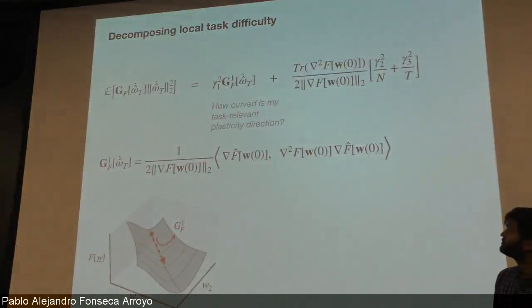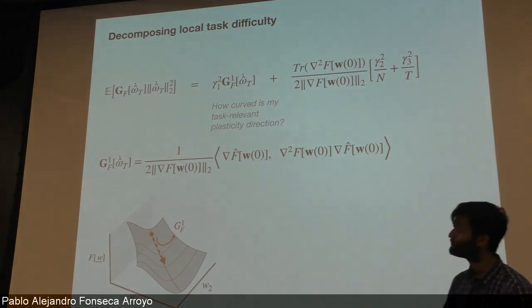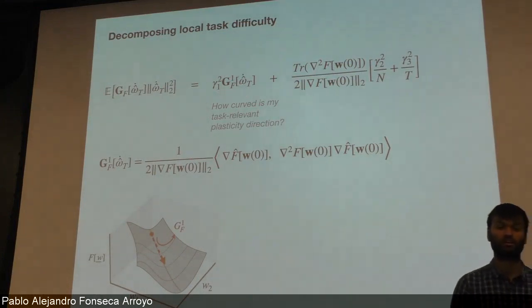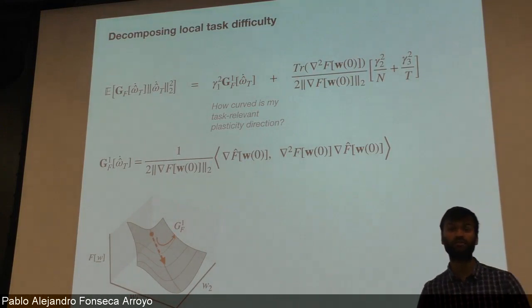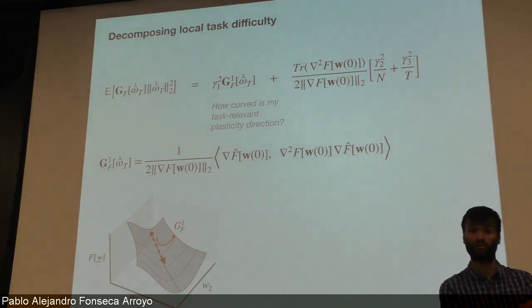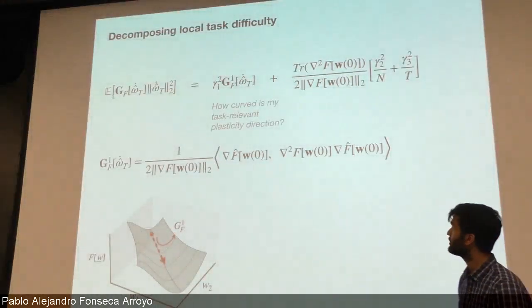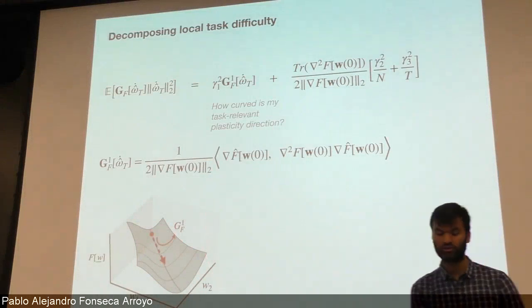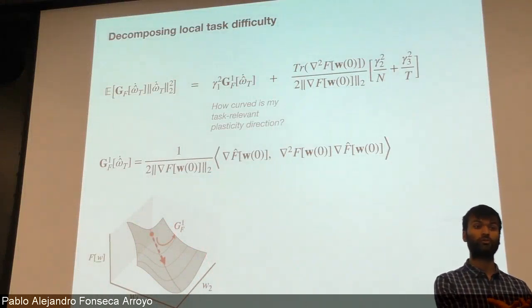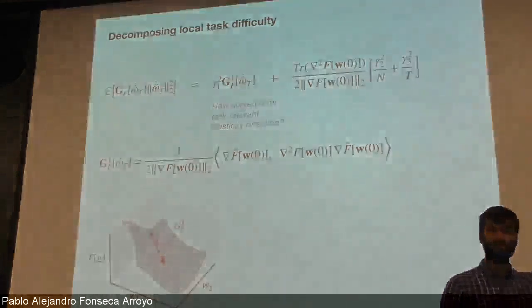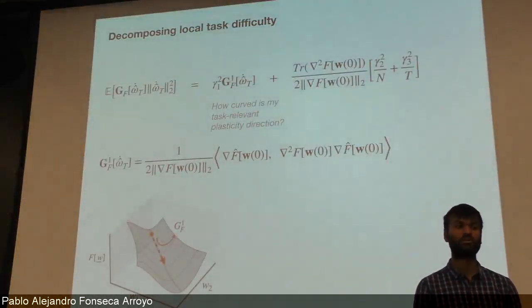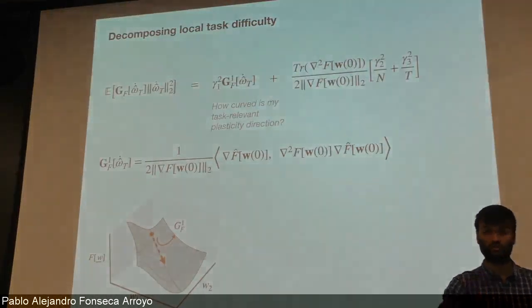And then there's the contribution to my task relevant plasticity term. Even if I was doing pure gradient descent, like backpropagation, as you were saying, I have to scale my learning rate if I want to converge. Because as I get closer to a local minimum or a saddle point, the direction of steepest descent is always also in a direction of non-zero curvature.